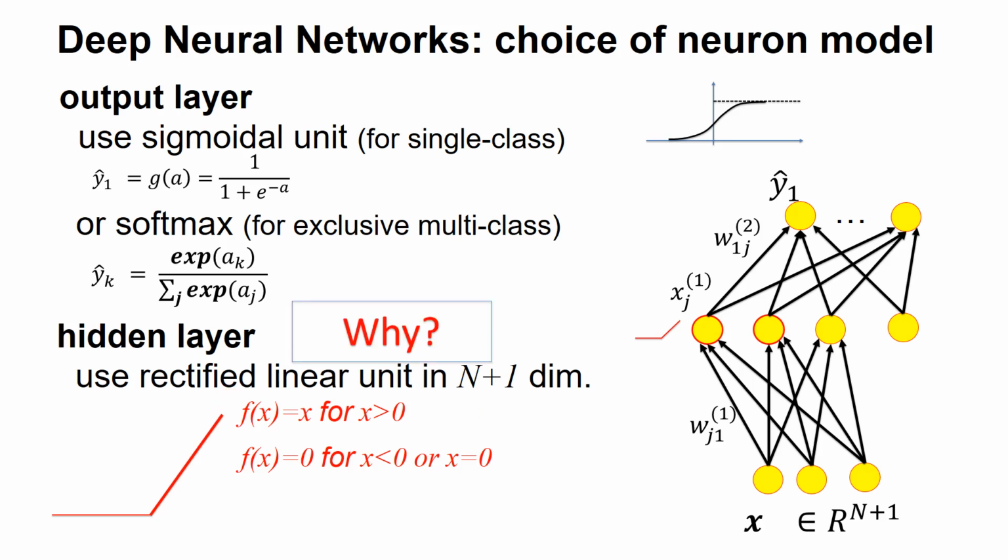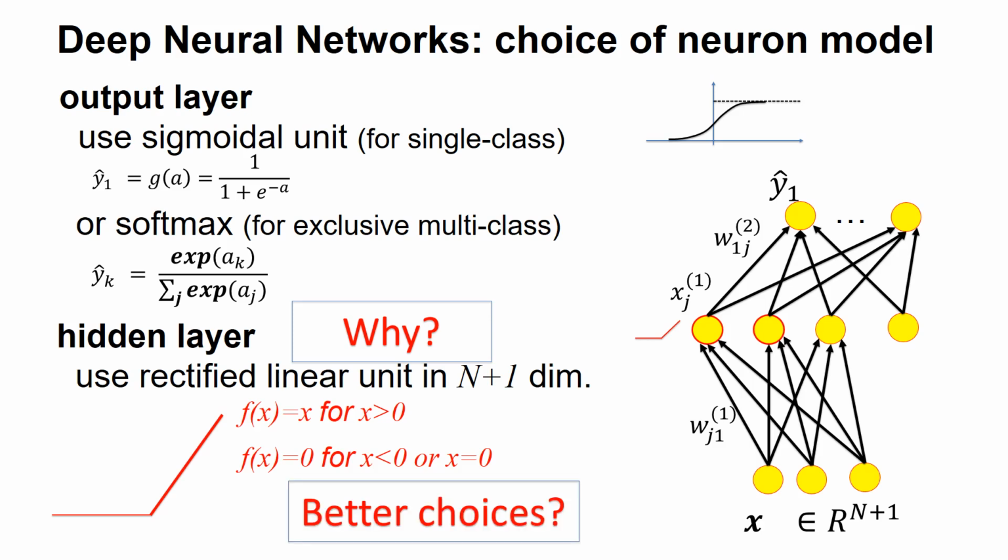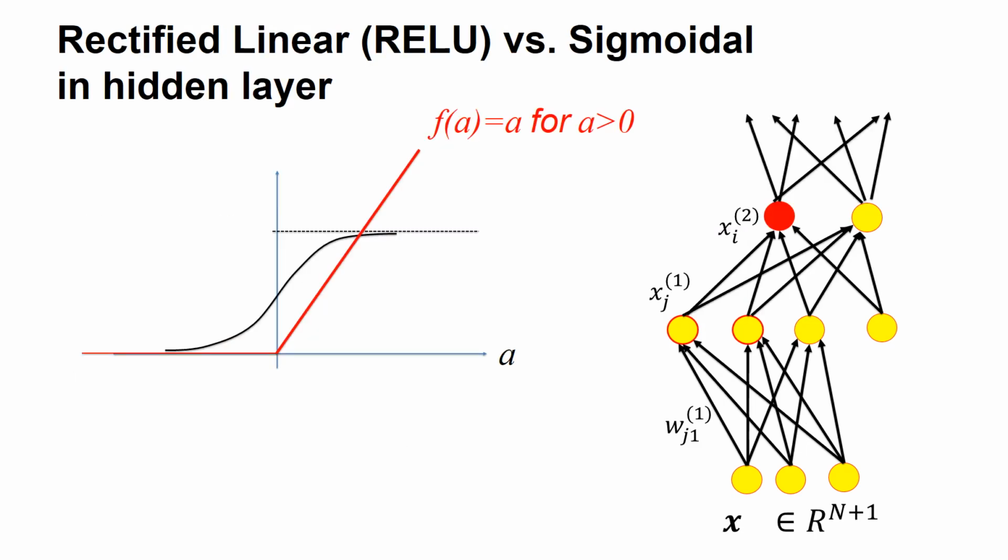And the big question is, why this choice? Are there better choices? Is there a good reason to take this specific choice? Indeed, there are other choices. For example, in the hidden layer, we could also use a sigmoidal unit. Why not?